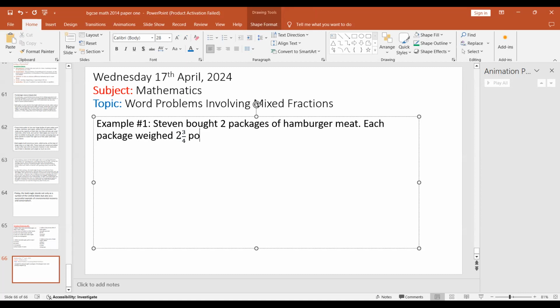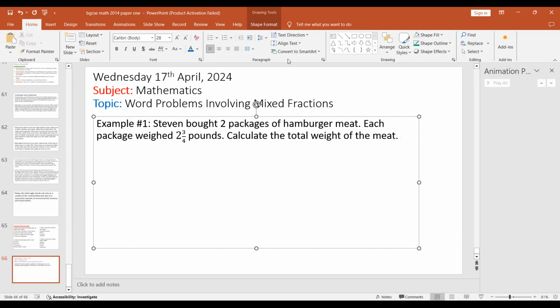2 and 3/4 pounds. We want to calculate the total weight of the meat.